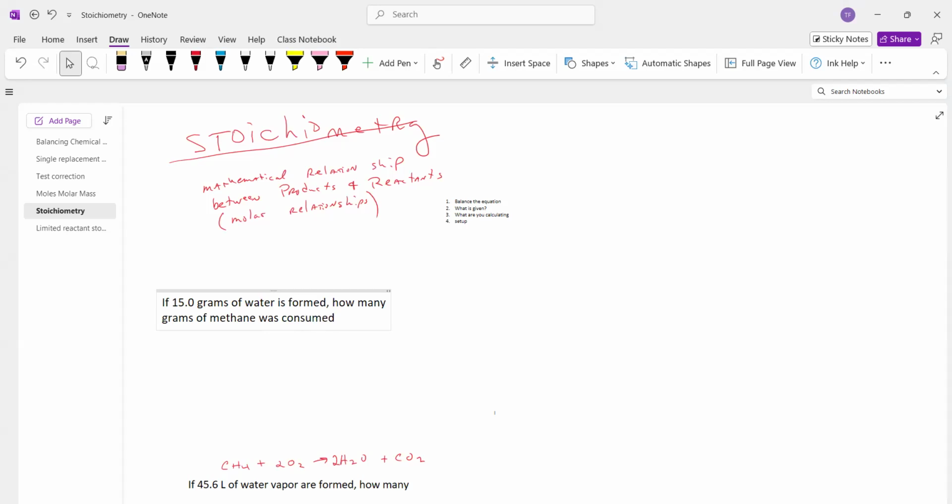Okay, 15 grams of water is formed. How many grams of methane is consumed? Okay, so this is the formula down here, or the reaction.